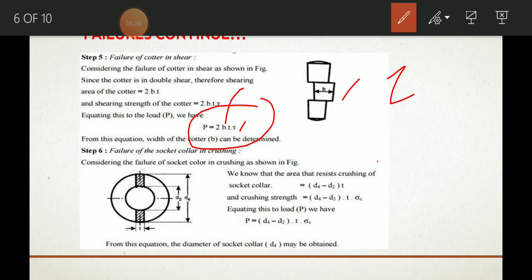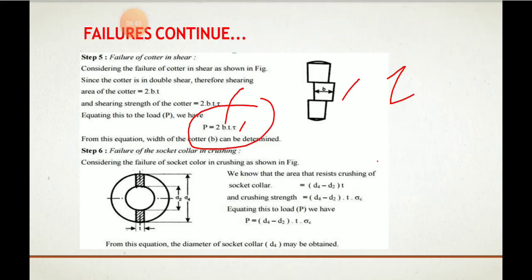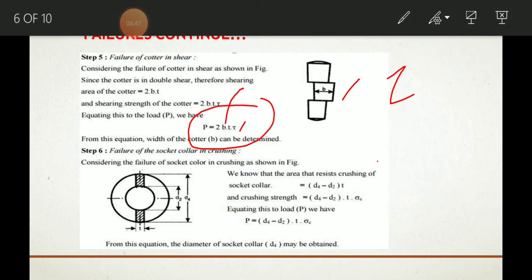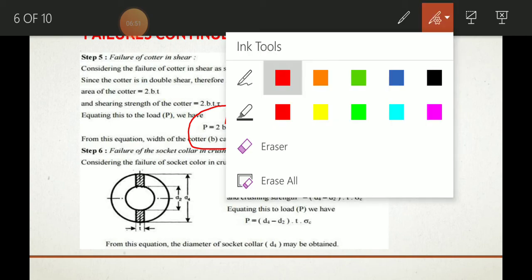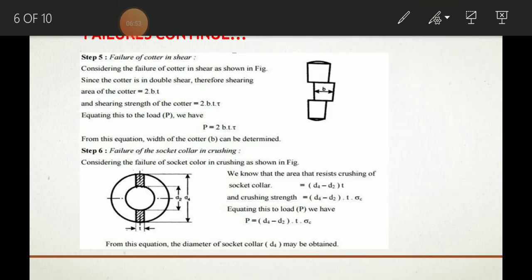Next one, failure of the socket collar in crushing. Remember, for whatever parts are there in the entire assembly of the quarter joint, we have to analyze every part and calculate the strength, either tensile or crushing, for every part. So here we calculate the failure of the socket in crushing.